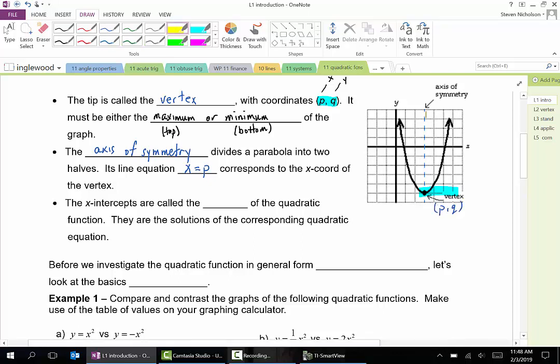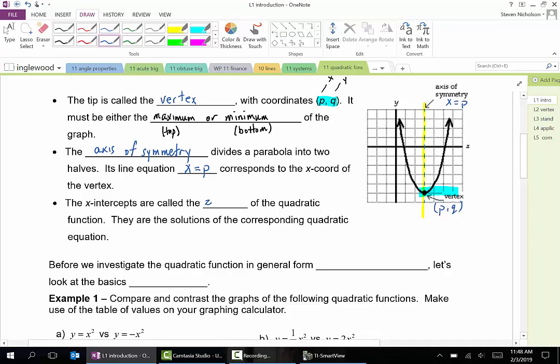This line right here is our axis of symmetry, and it has the equation x is equal to whatever the value of the x coordinate is. It just takes a bit of getting used to, but you'll become very familiar with it. The x-intercepts are called the zeros of the function.